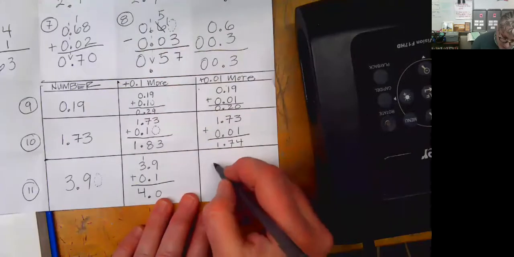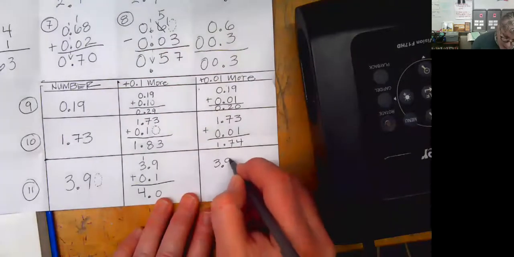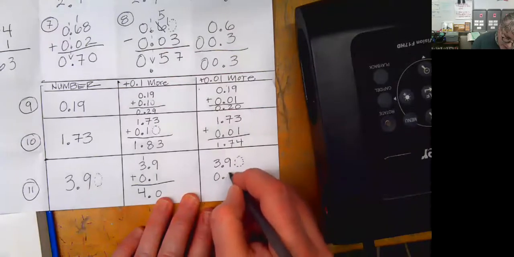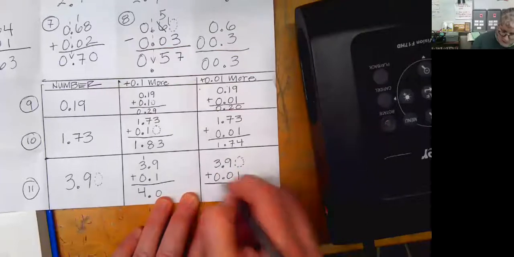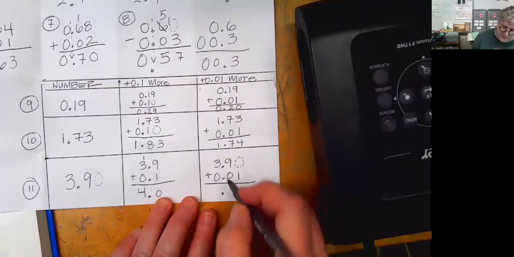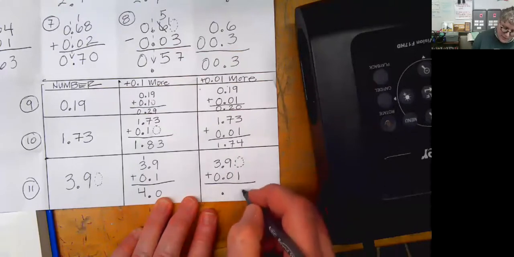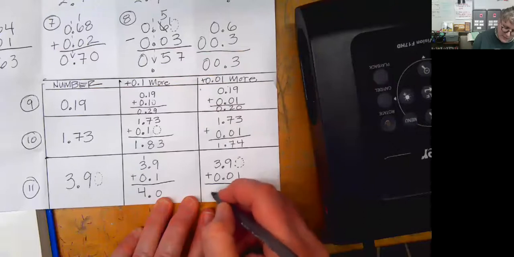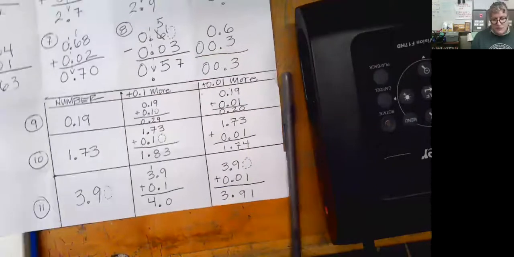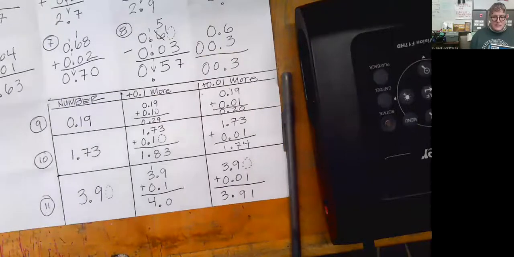Now I'm going to use my invisible 0 because I'm adding 0.01, right? Because I'm lining these up. These decimals have to line up. So I get 3 91 hundredths.